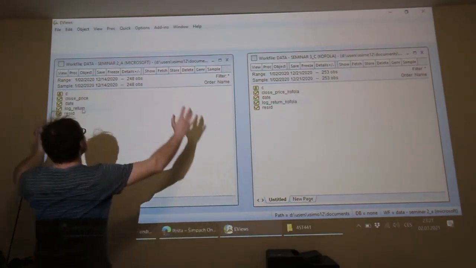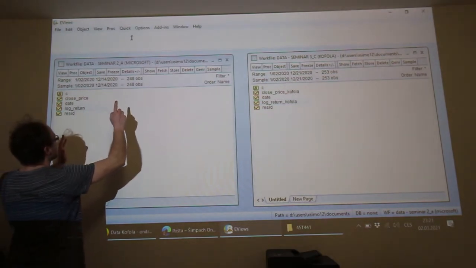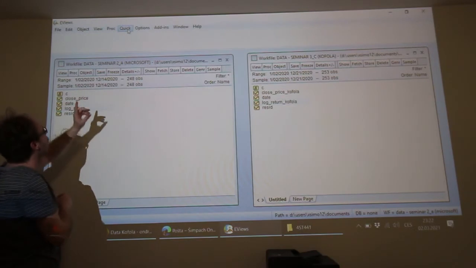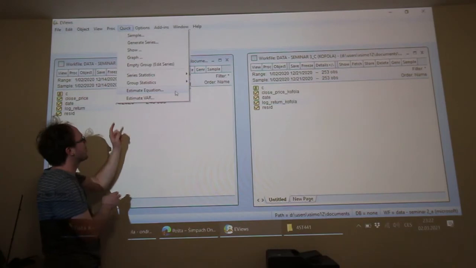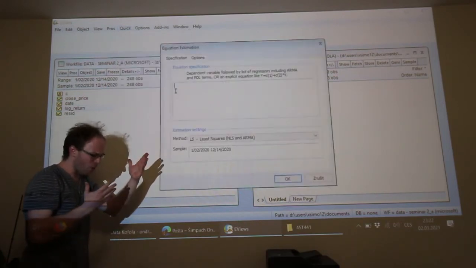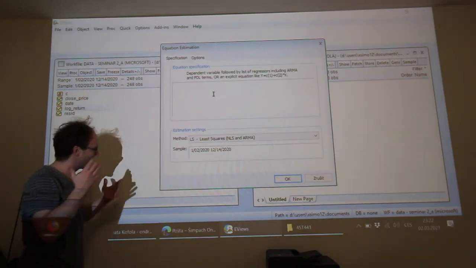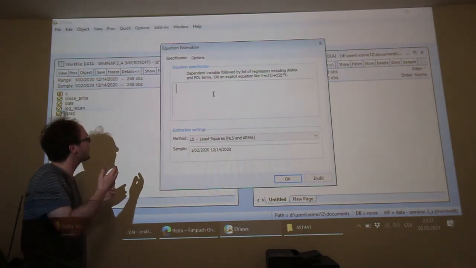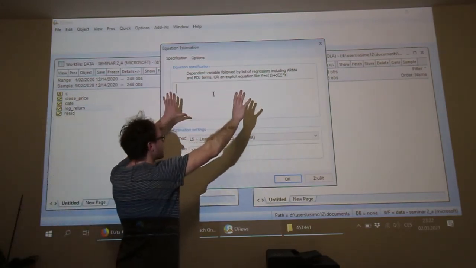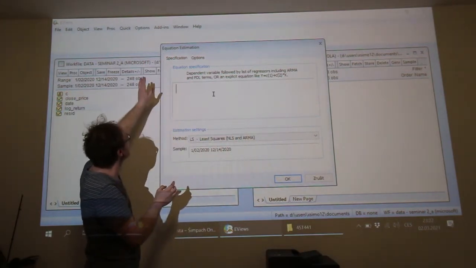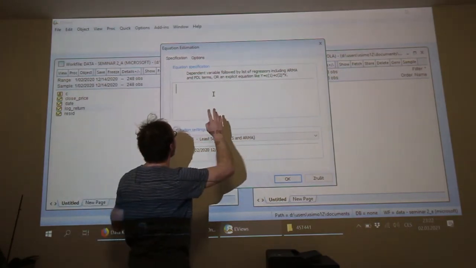So that is the window with the work file. Please click on the Quick button here, and there is Estimate Equation. We will create the first model, as in our seminars we didn't create any model before. You can see Equation Estimation, and there is a command log.